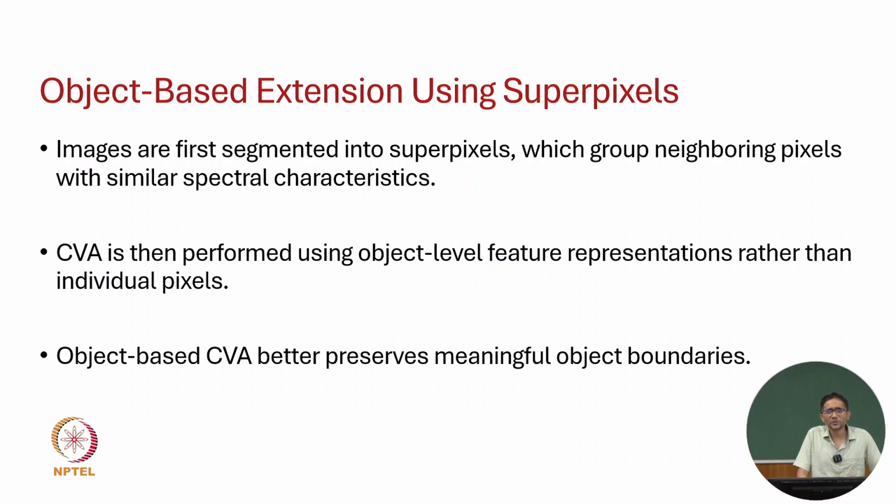So you take a particular superpixel, and say you are working with 3 channel images, you just take an average. Or another possibility is that you compute some features from the superpixels, and then, instead of taking the difference between the original pixel-wise spectral values, you take a difference between these features computed from the superpixel.